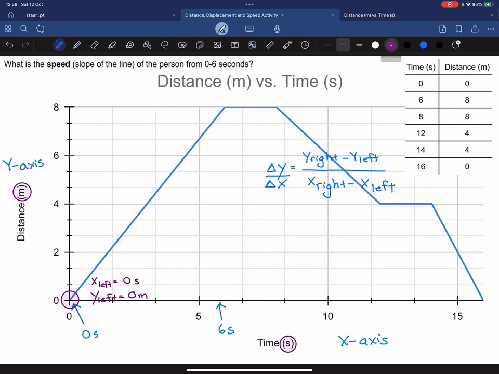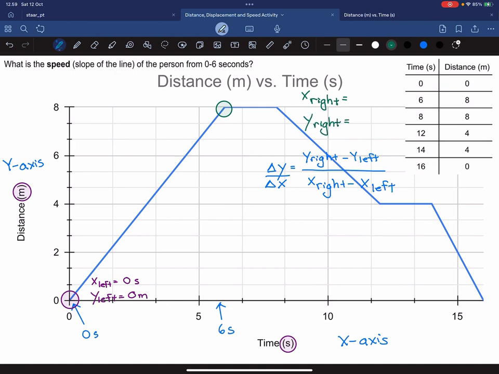Then I'm going to go up here to this point at 6 seconds, and I'm going to figure out the x right and the y right. Okay, and I'm going to use green for that. X right and y right.